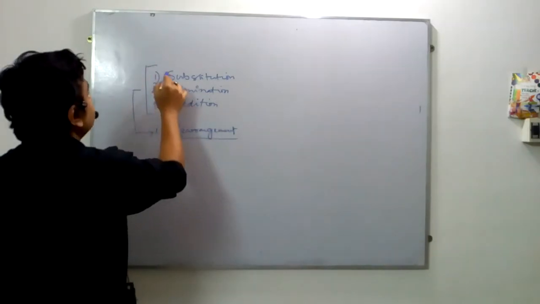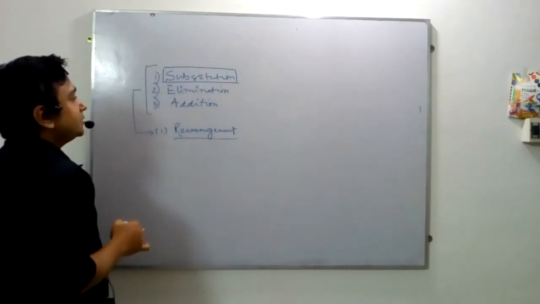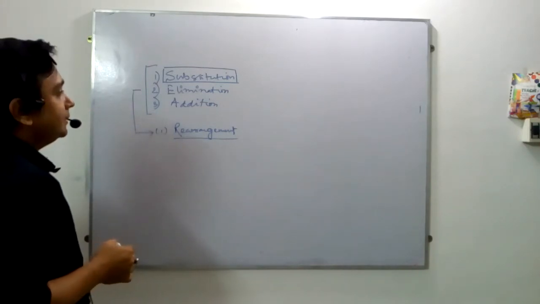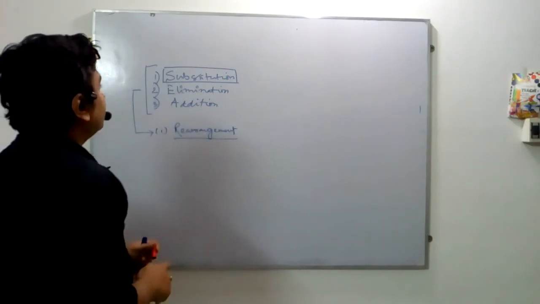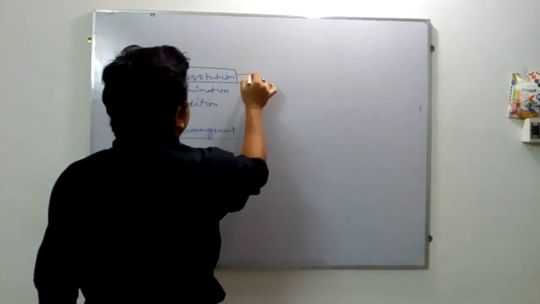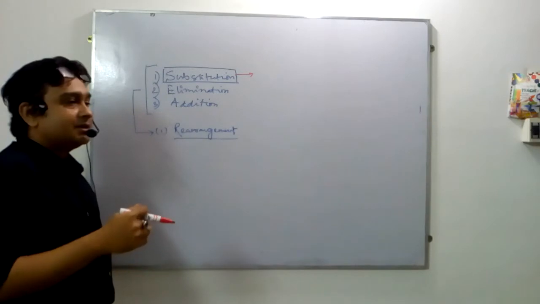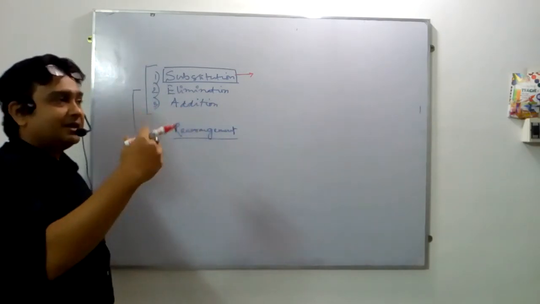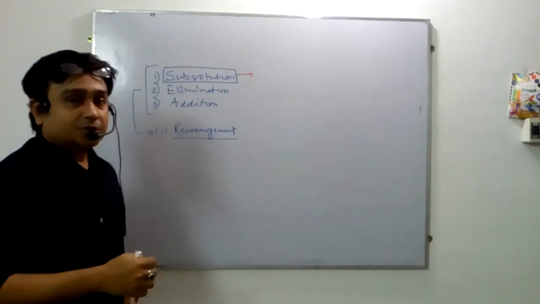Now then, substitution reaction is a part which is very important for the chapter alkyl halide and aryl halide, the first chapter of organic chemistry in the class 12 syllabus. Now see, if we think about substitution, first of all you need to have an idea of what substitution means. The electrical species which gets substituted, if we retain back any other electrical species of the same nature, this is known as substitution.